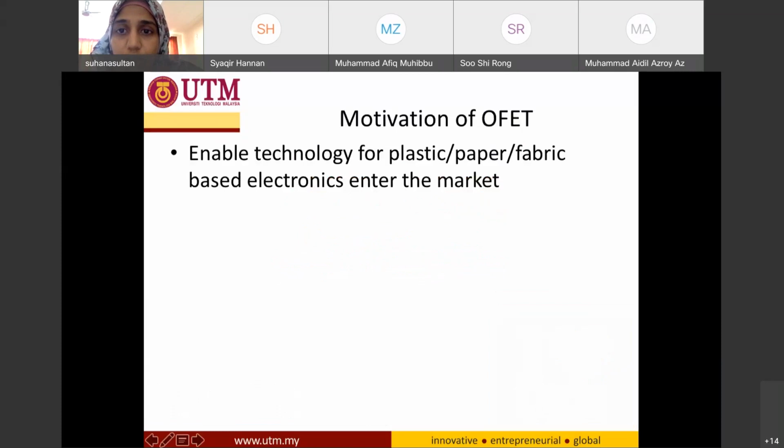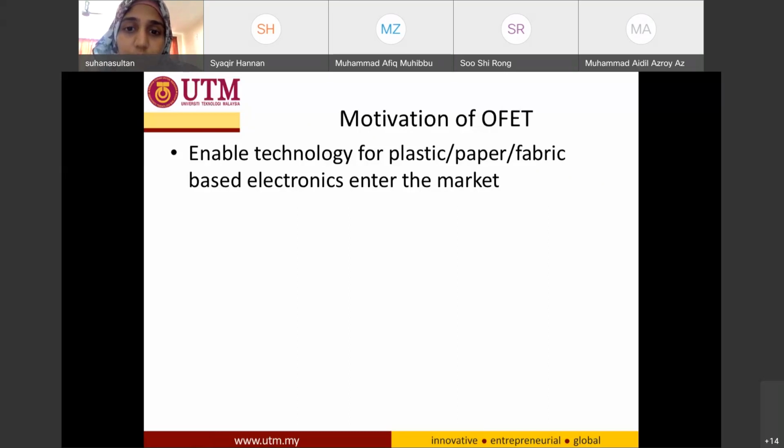So let's look at the overview of what is actually the motivation behind this organic field effect transistor. When you see this term OFET, it's organic field effect transistor. This OFET actually enables the technology for plastic, paper, fabric-based electronics to enter the market.